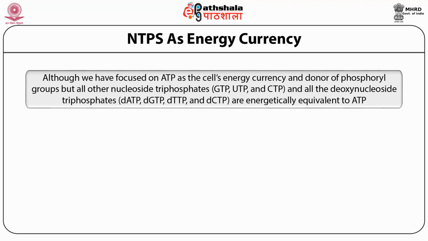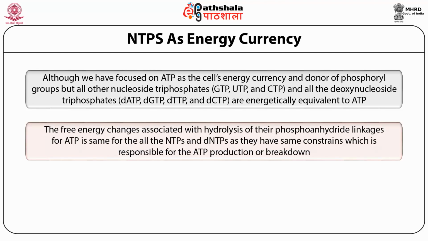But most enzymes use ribose based triphosphate as an energy currency. The free energy change associated with hydrolysis of the phosphoanhydride linkage of ATP is the same for all the NTPs and dNTPs, because they have the same constraints, which we will discuss in this module, responsible for ATP production or ATP hydrolysis.